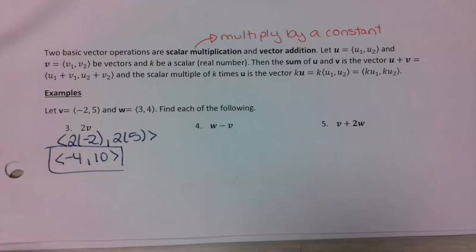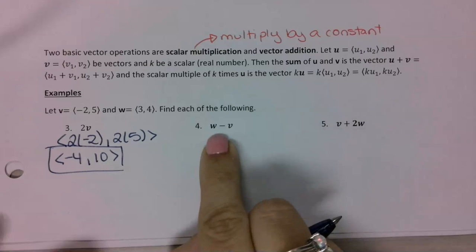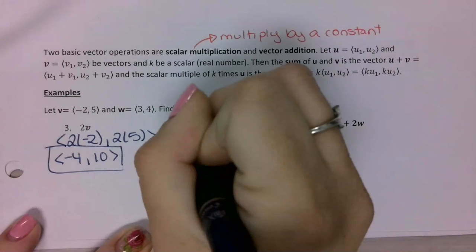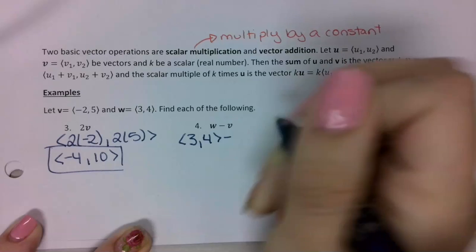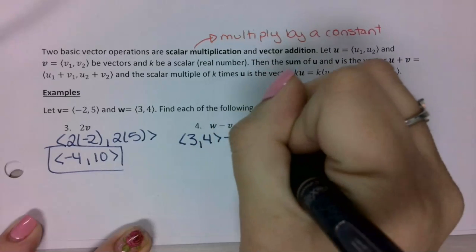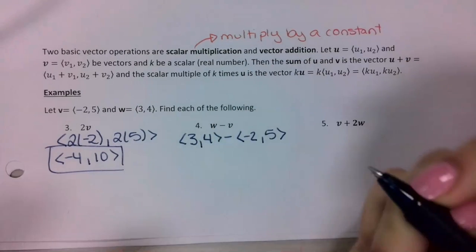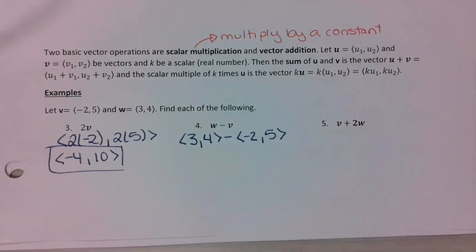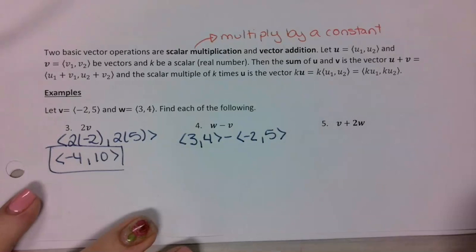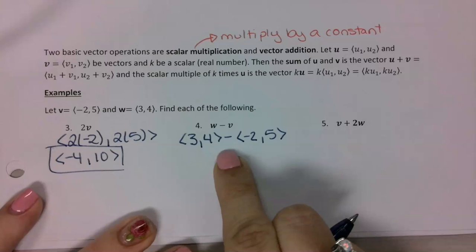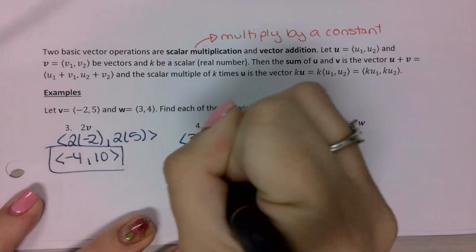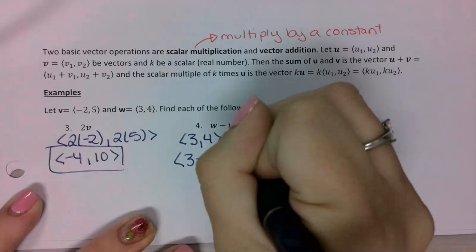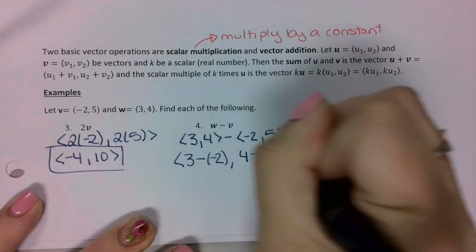Okay, number 4 wants me to subtract the 2. So what I'm going to do is when I combine these, I'm going to make sure I have a minus sign in between them. So I'm going to have 3 minus negative 2 for my x value and 4 minus 5 for my y value.